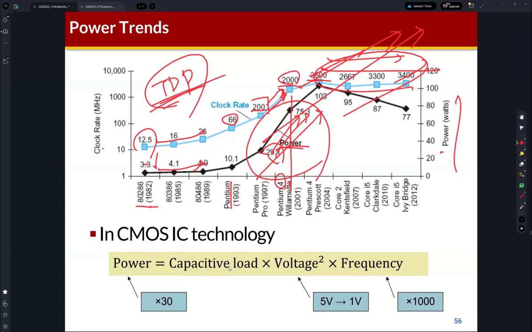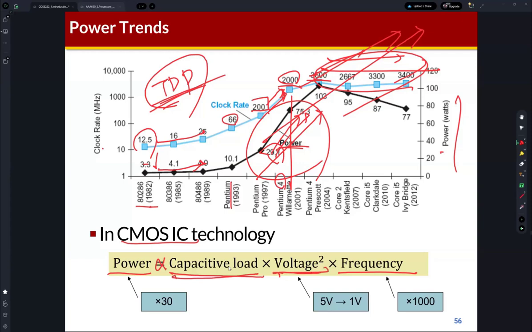For CMOS technology, which means semiconductor technology, it is known that the power is proportional, so it's not an exact equation, to the capacitive load and the square of the supply voltage and frequency. So what does it mean?